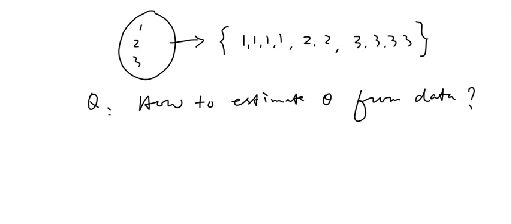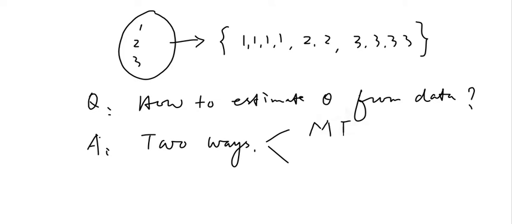Usually we have two ways. One is called moment estimation, ME. The other is called MLE.